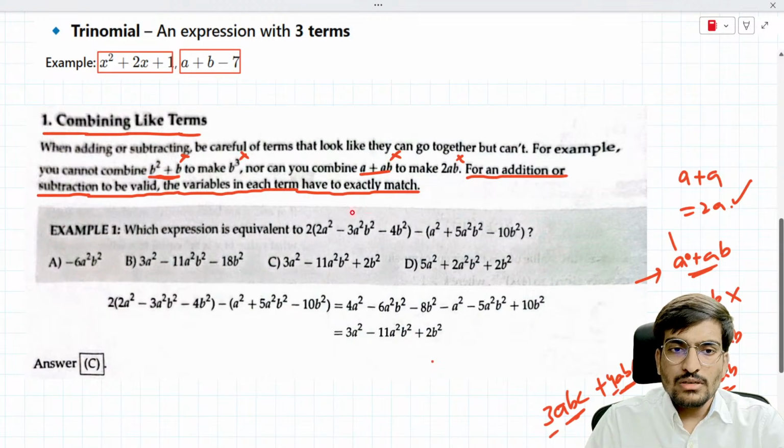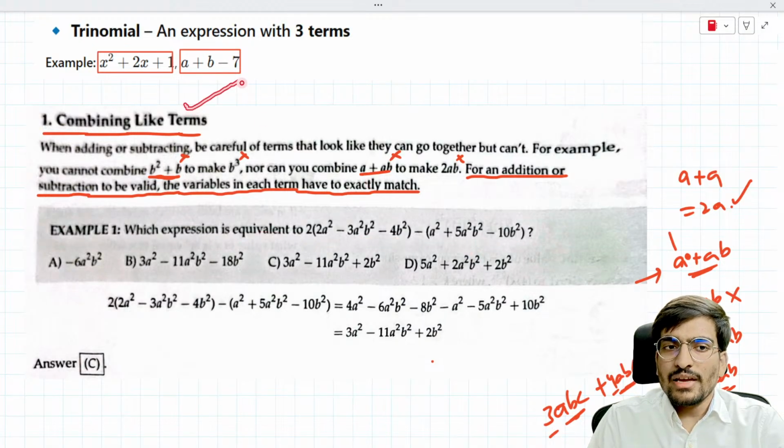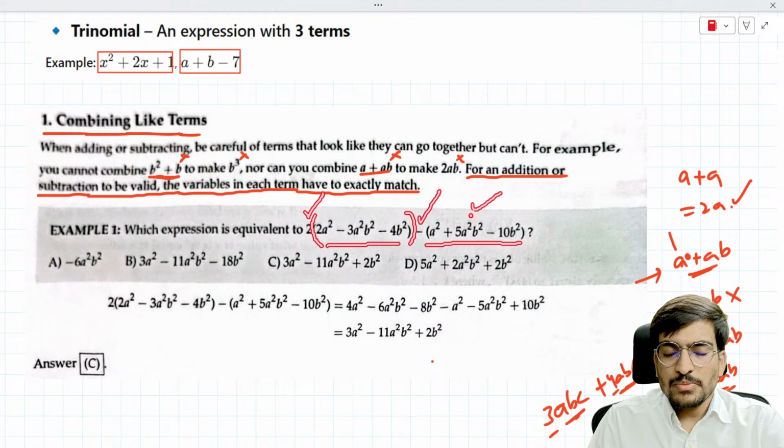So now let's add this question: which expression is equivalent to this minus this? Here you have to solve this question using the like terms condition, combine like terms. Before that, there is a 2 with parentheses containing some expression, negative, and in parentheses there is some expression. So what we are going to do is multiply this 2 with this term, this term, and this term.